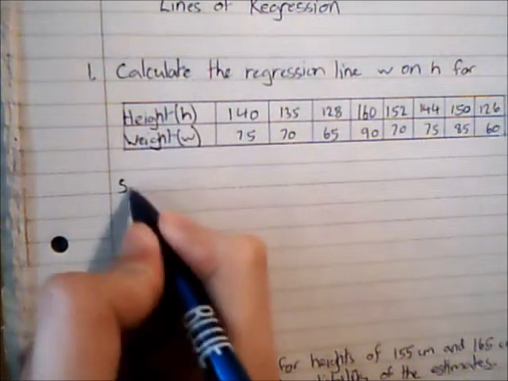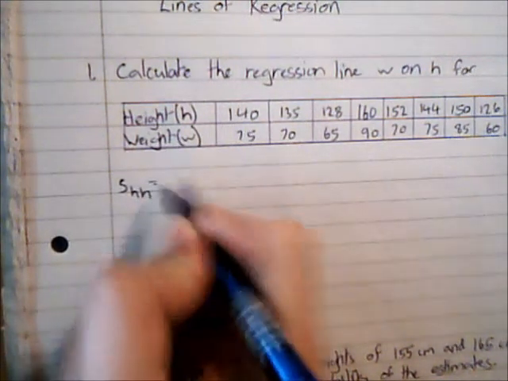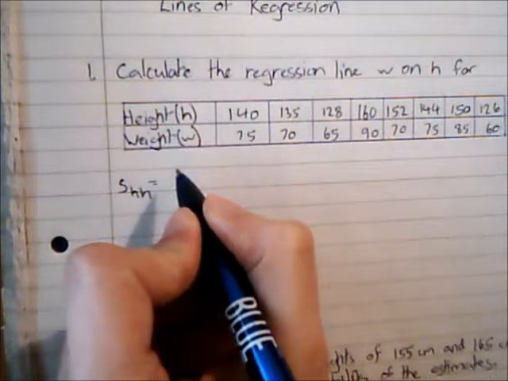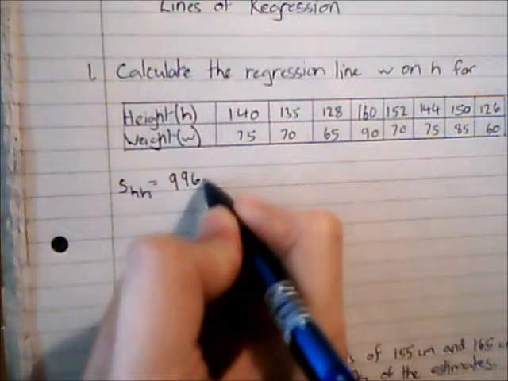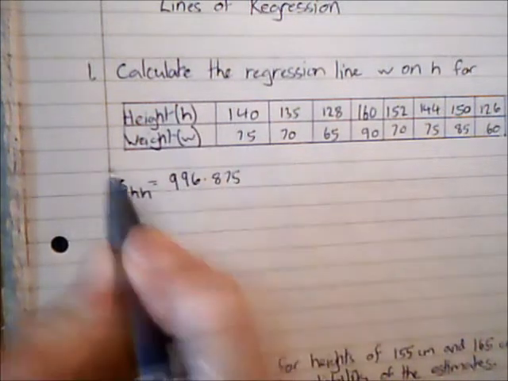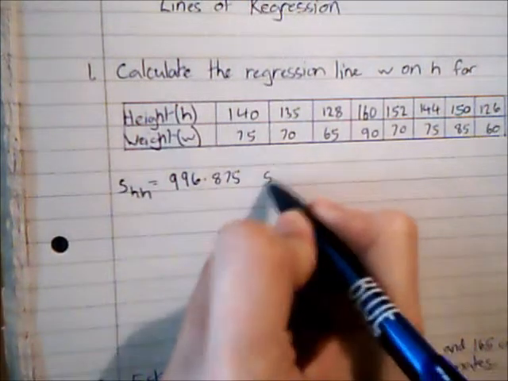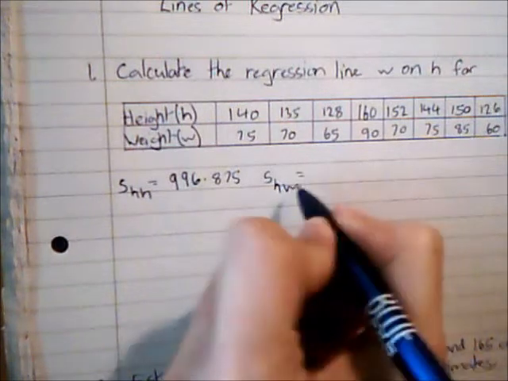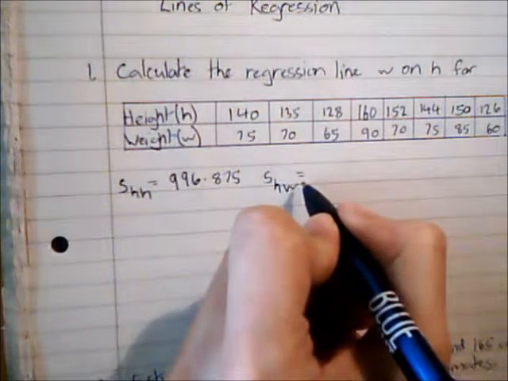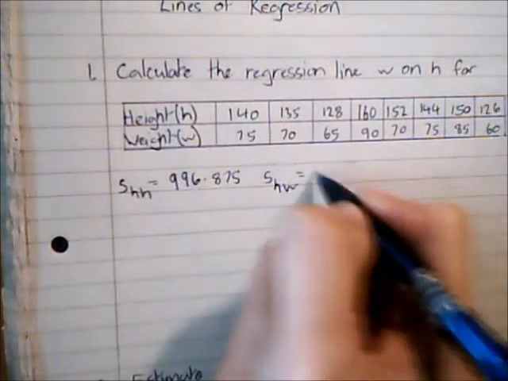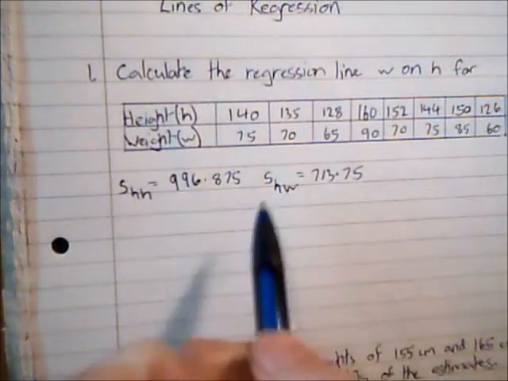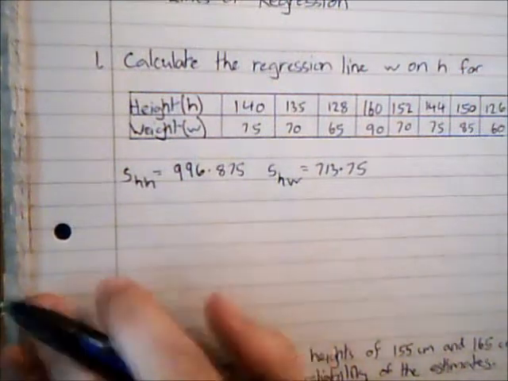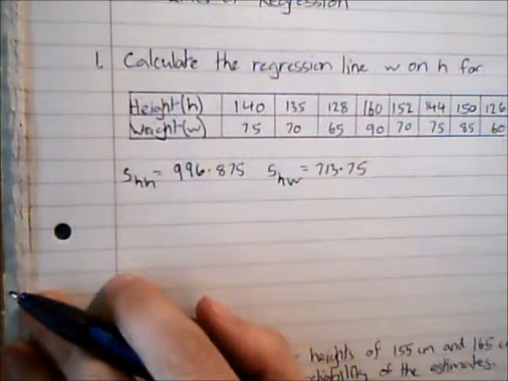That means I need Shh, which we calculated before to have a value of 996.875, and Shw, which we calculated to have a value of 713.75. If we did need to calculate these values as well, it's relatively easy. The formulae we require are in the formula book.